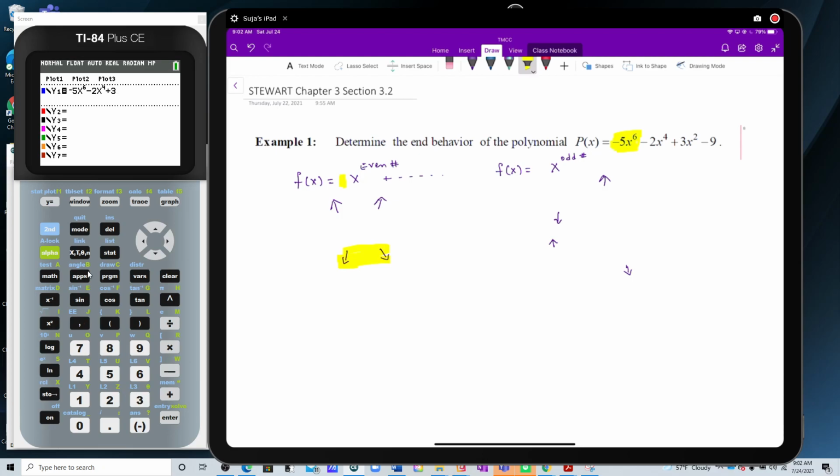Let me keep my viewing window at negative 10 for y min and y max 2. I see the graph all the way down here, so let me change my window. I'll increase it to maybe 20. Let's see how it goes.